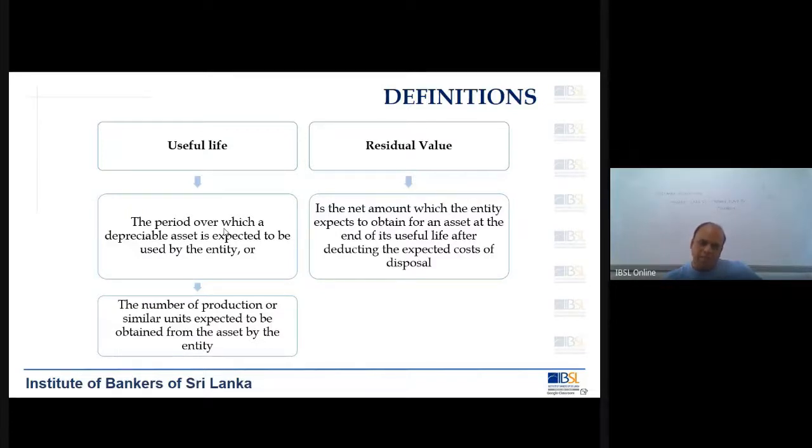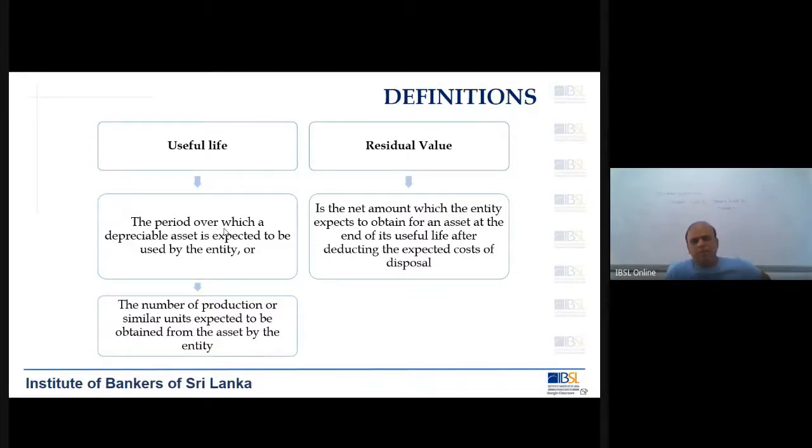However, if there is a value assigned to the asset after the useful life, that is called a residual value. So in general, businesses don't consider a residual value for fixed assets. They normally put it as 0, because they say, I don't have a value, I will just discard it. But if you are getting something out of it by selling it after the useful life, that's a bonus for you.